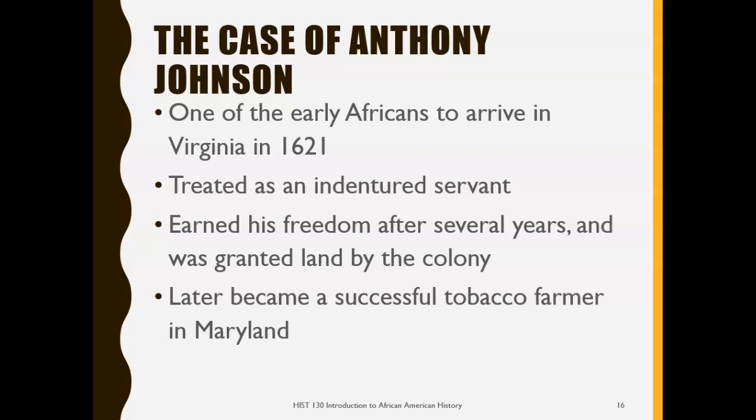Later he and his family became successful tobacco planters in Maryland. So that was the case of Anthony Johnson, and this case also proved that the status of indentured servant was applied to the early Africans who were brought to the English colonies.